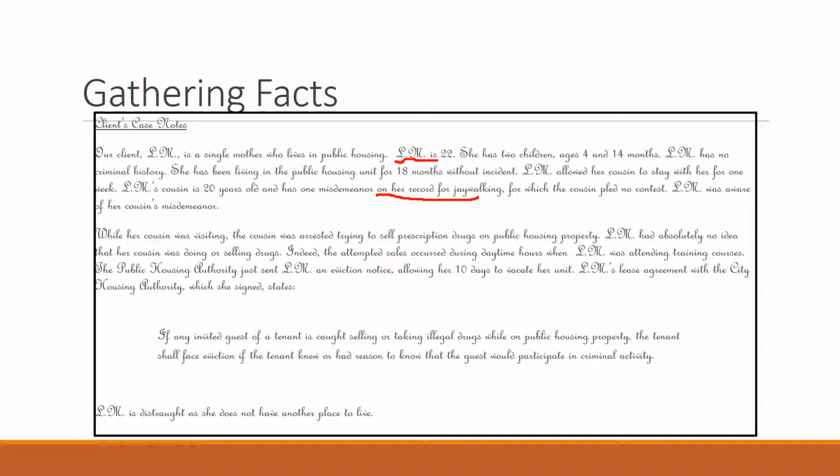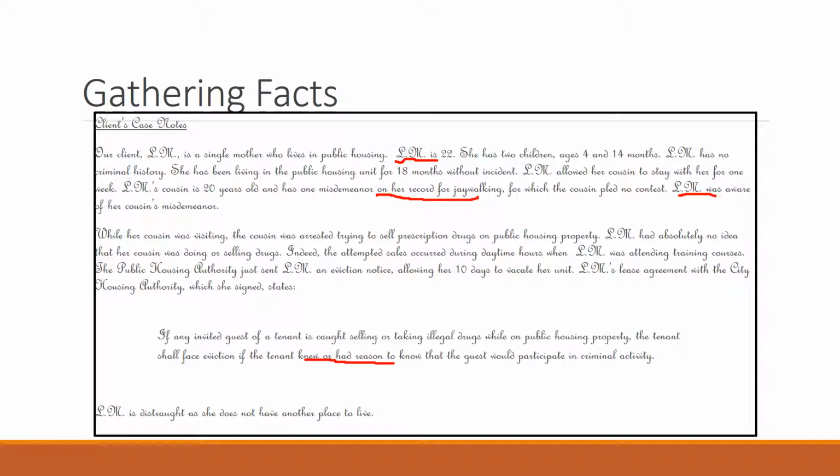That would definitely change our fact pattern, as when we look as to whether or not LM knew or should have known that her cousin would participate in criminal activity, I think there would be a different analysis about what LM should have known if her cousin had the conviction for jaywalking versus what LM should have known if her cousin had a conviction for prior drug possession or selling of drugs.